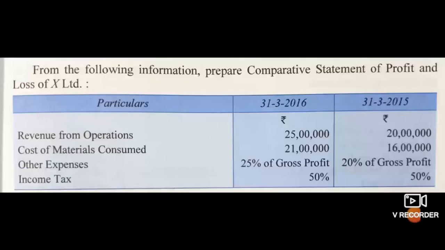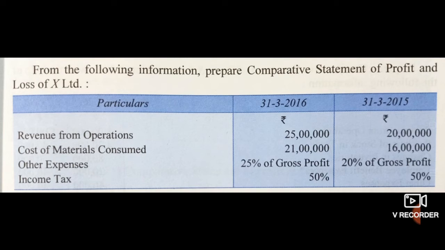That's all. Now see this problem. This second problem you have to solve on your own. I am just discussing the problem. From the following information, prepare the comparative statement of profit and loss of X Limited. Particulars: figures of 31st March 2016 and of 31st March 2015.